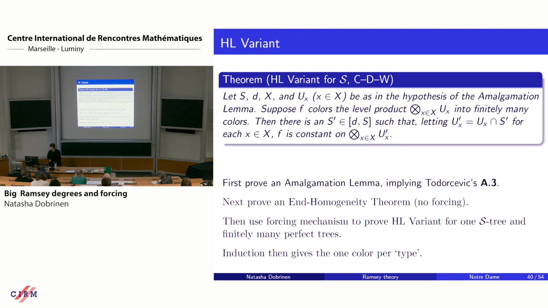So the way around it is to prove a Halpern-Läuchli variant for one of these sorts of trees and then finitely many other perfect trees.